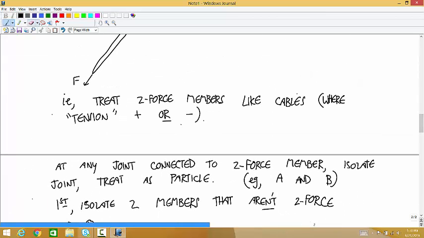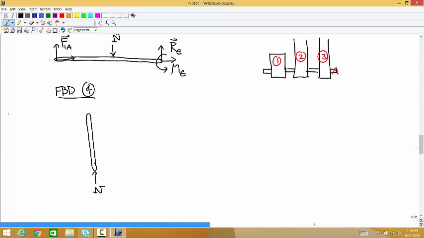If we're going to isolate all the joints that are connected to two force members, we need to do C too. So member 4, at B, there's the force on 4 by the pin B. And at C, there's the force on 4 by the pin C.